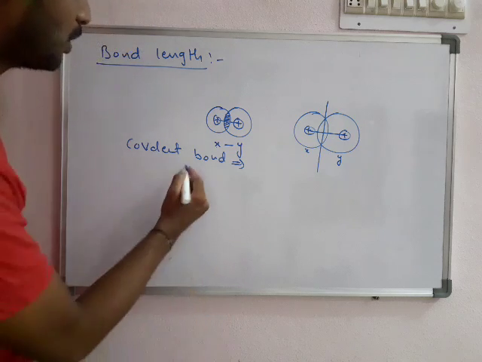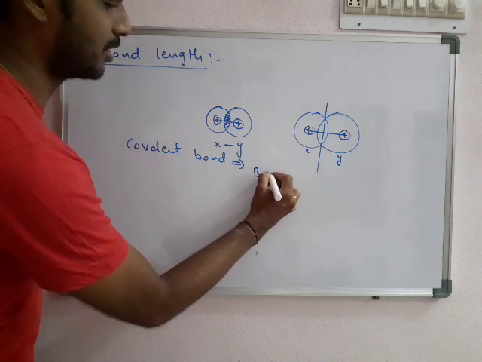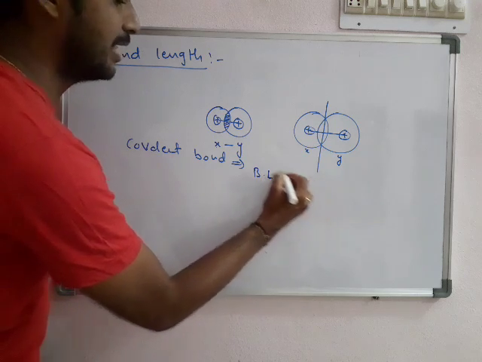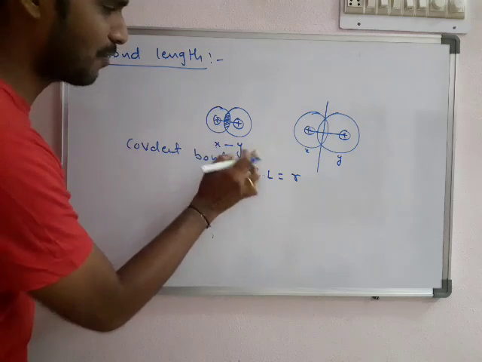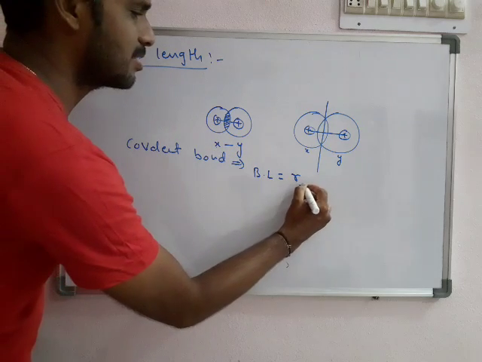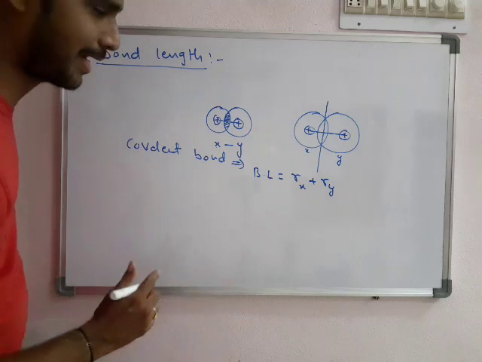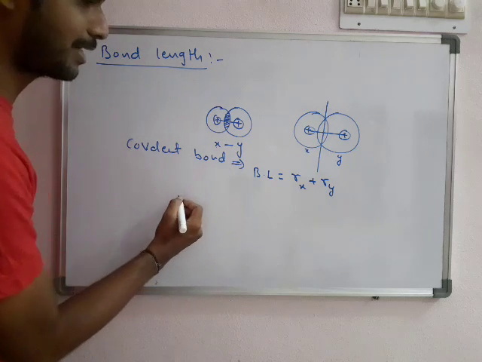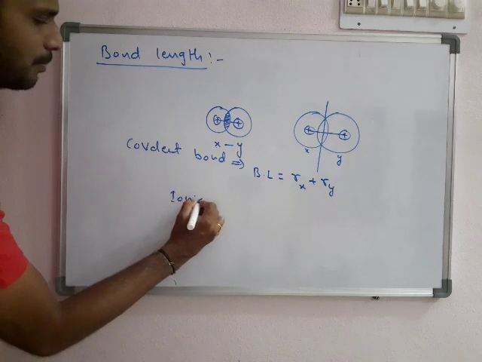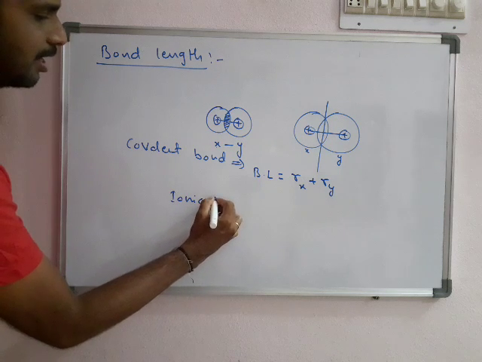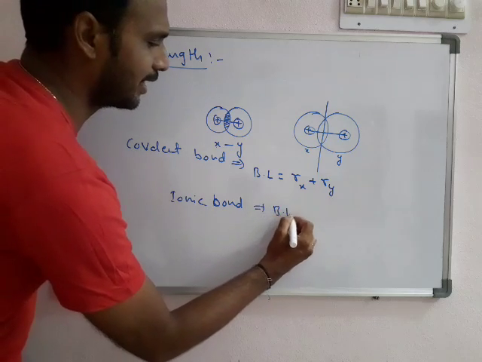In a covalent bond, the bond length equals the sum of the radii of the two bonded atoms. For example, taking X and Y, the radius of X plus the radius of Y. If you take an ionic bond, what is the bond length?